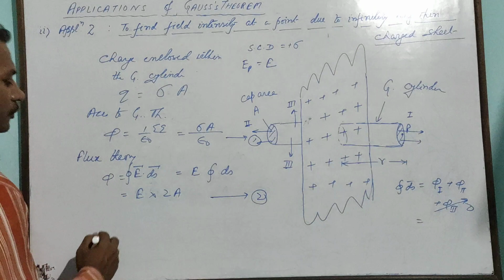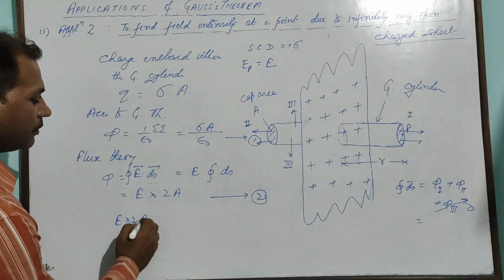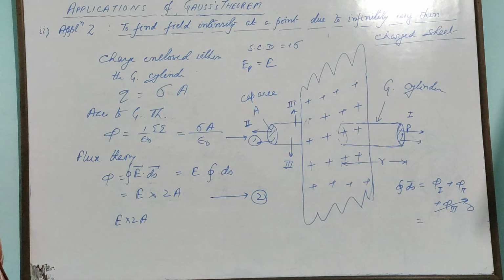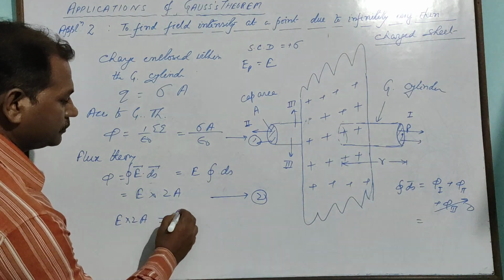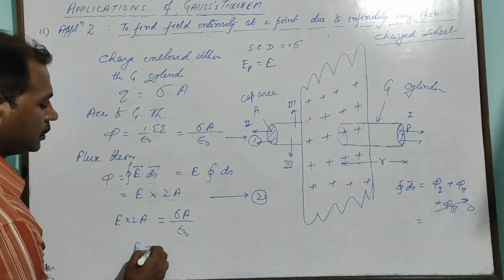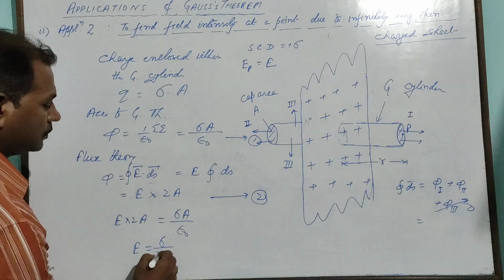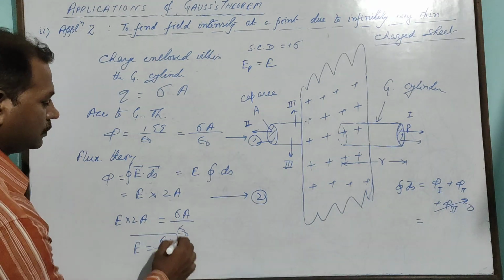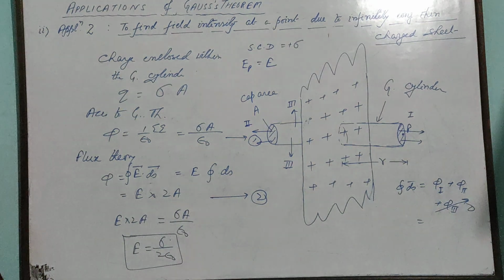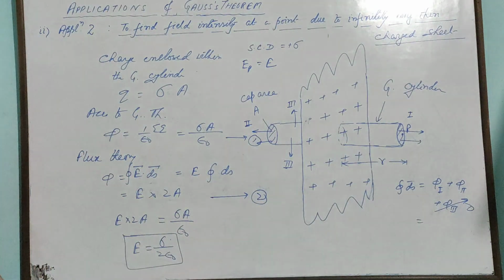Again, from these two equations I can write, because they belong to the same theory, that the field intensity at the point P becomes sigma by 2 epsilon naught.